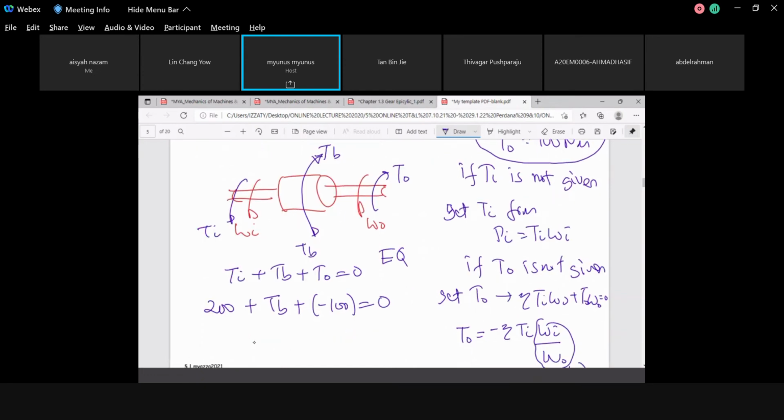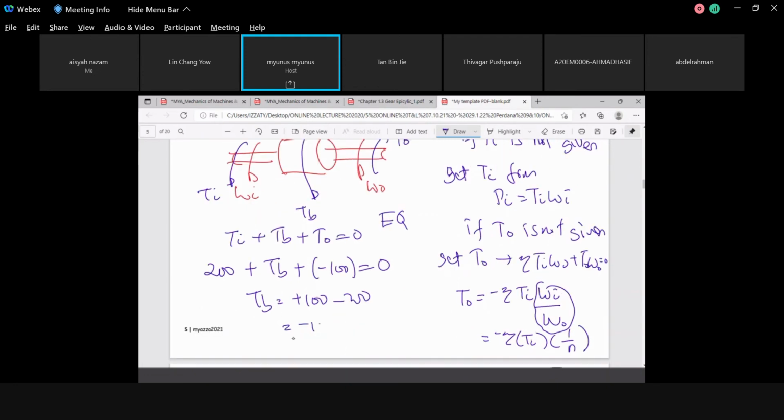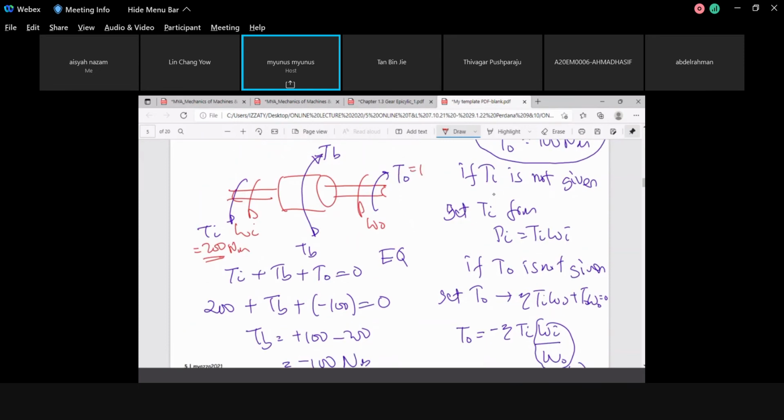So Tb now is equal to, this one becomes positive, this one becomes negative, so it becomes negative 100 Newton meter. If you want to put it in a figure, for example, Ti is equal to 200 Newton meter, and this one is equal to 100 Newton meter.